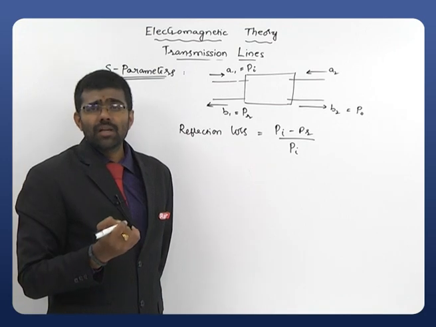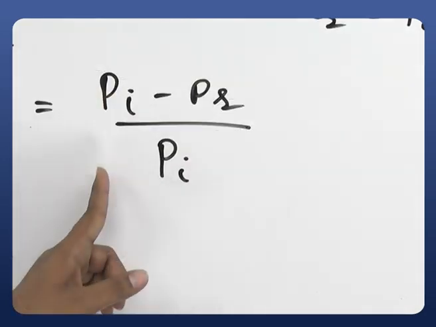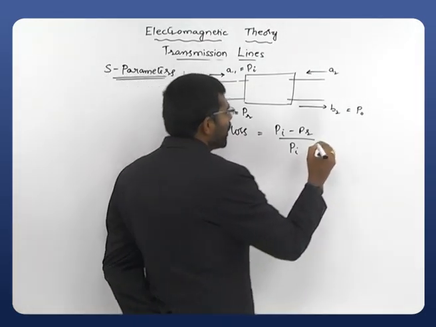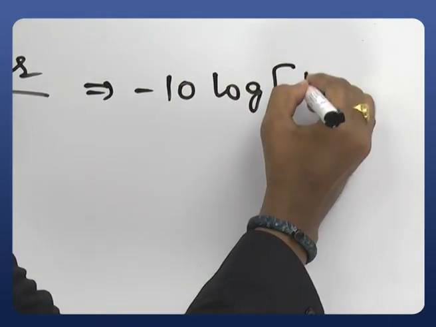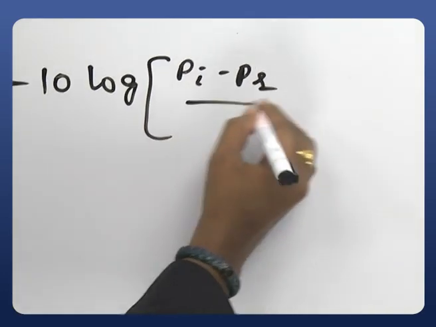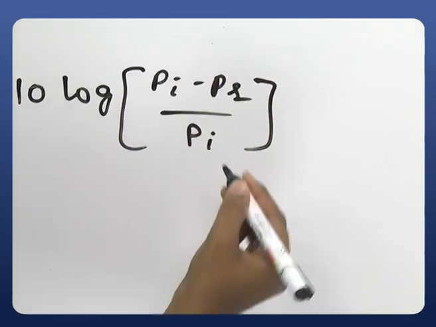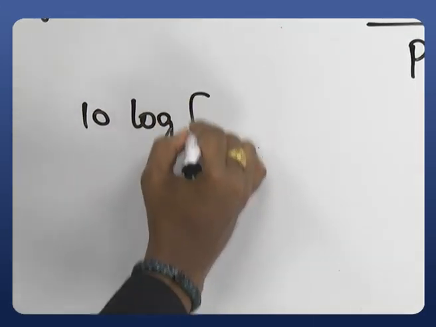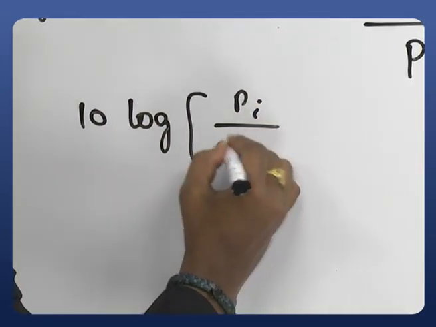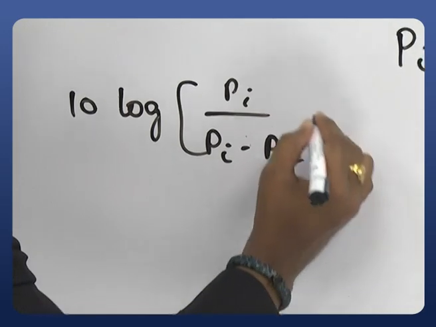But what we require is this in decibels. So directly I am applying minus 10 log of Pi minus PR divided by Pi. Now rearrange this equation, then what you will get is 10 log of Pi divided by Pi minus PR.